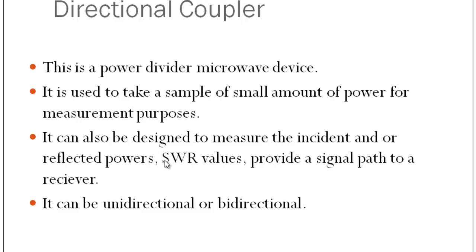That means whatever power we input at a particular port, when we measure that power, that device is known as unidirectional. If we measure the incident power as well as the reflected power, then that directional coupler is known as a bidirectional directional coupler.